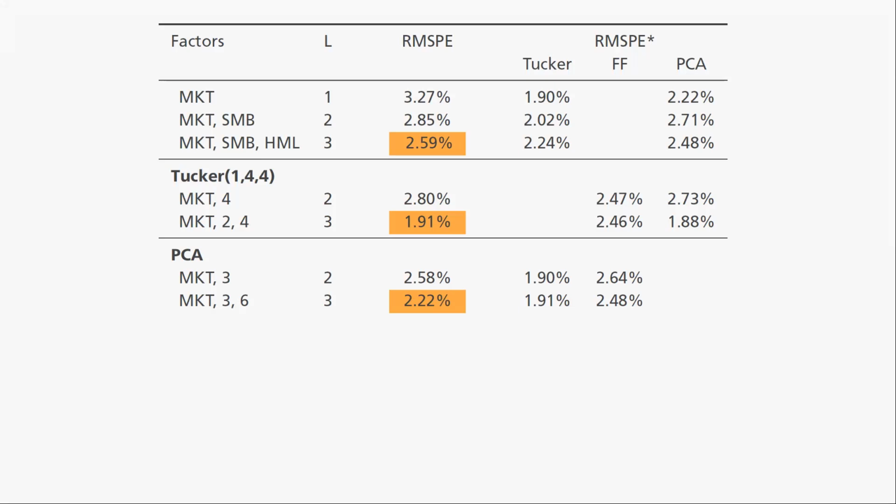If you add two Tucker factors to the three-factor model, you can see the model improves. If you include Tucker factors in the PCA model, the model improves. If you add these factors to the Tucker model, it might improve just a tiny little bit.